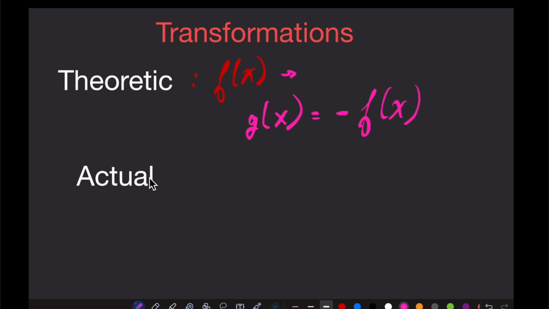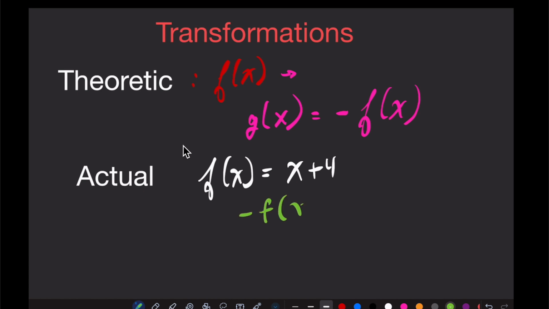In addition, there are actual transformations where you're told, for example, that f of x equals x plus 4, and then you're told to have a transformation over the x-axis. So first, you create the theoretic f of x, and then you actually apply it to this function.